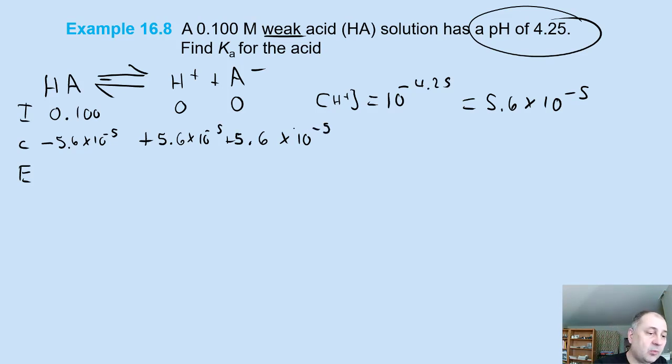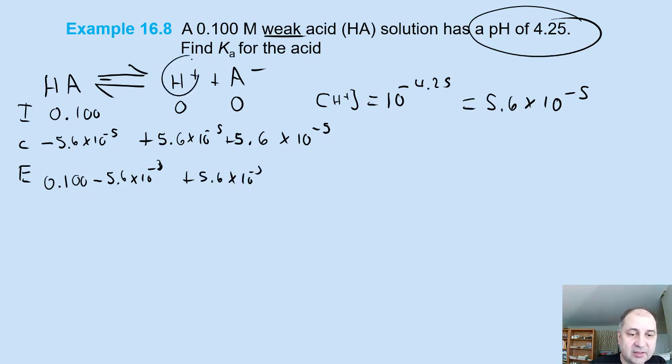And then at equilibrium we have 0.100 minus 5.6 times 10 to the minus 5. So I really should have made more room here. And then plus 5.6 times 10 to the minus 5, which is H plus. And then also, again, 5.6 times 10 to the minus 5.